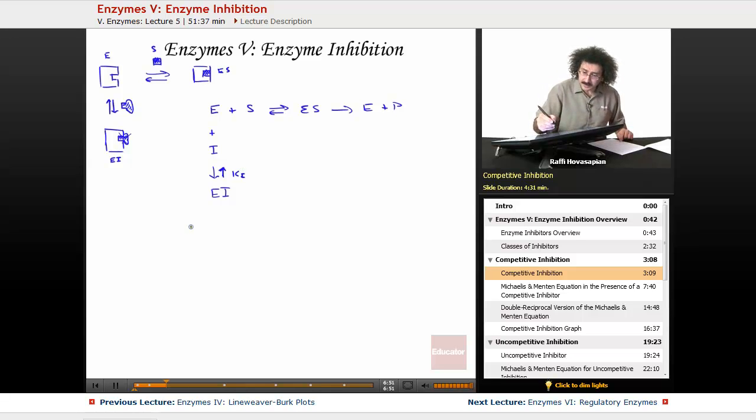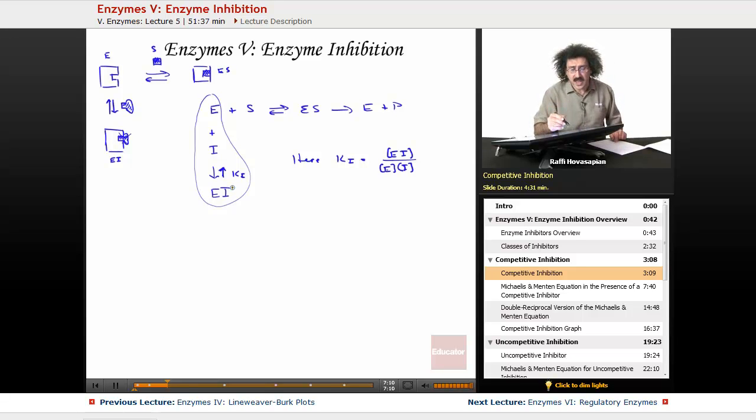Here, this K sub I is equal to the concentration of EI over the concentration of E times the concentration of I. That is the equilibrium for this reaction, the dissociation reaction for the enzyme inhibitor complex.